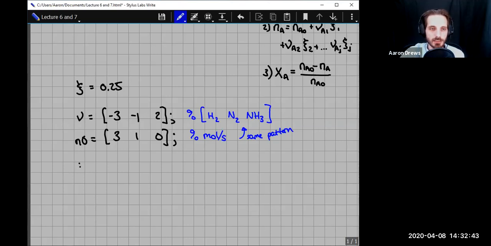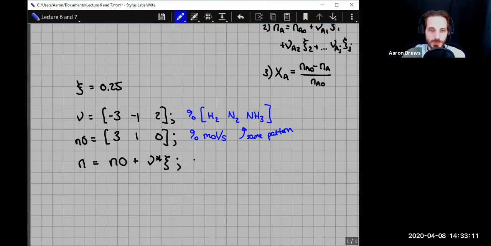We can then calculate n, and this is the clever part of MATLAB. We can apply all of the relationships that we've got in such a way in the MATLAB code that they actually look very similar to the equations as we write them. So we would write this as n sub 0 plus the stoichiometric coefficient times our extent of reaction.